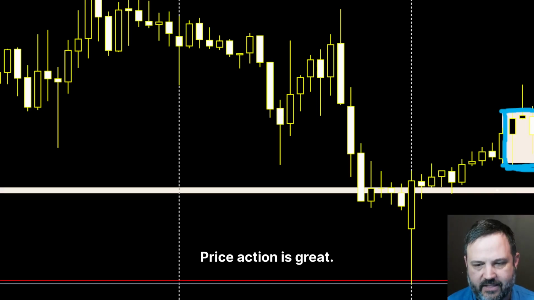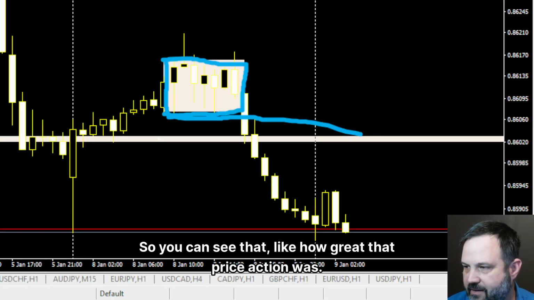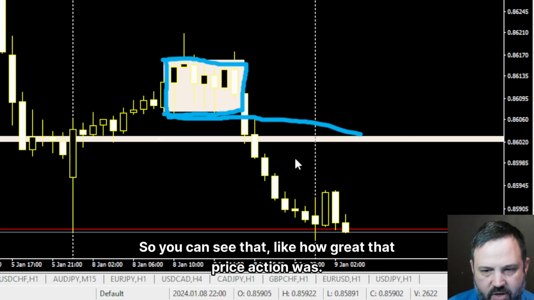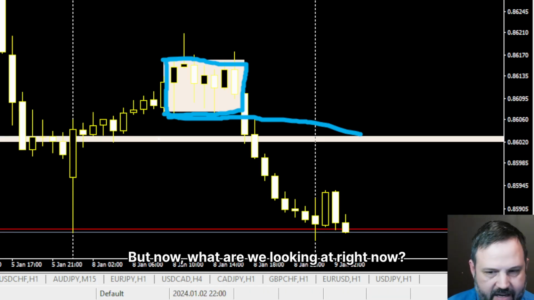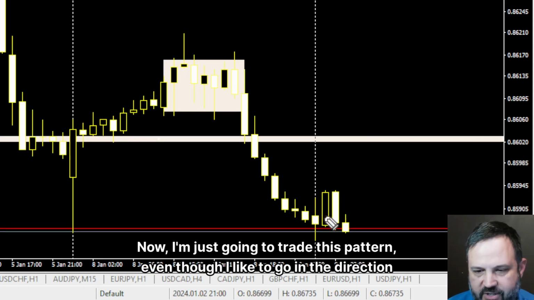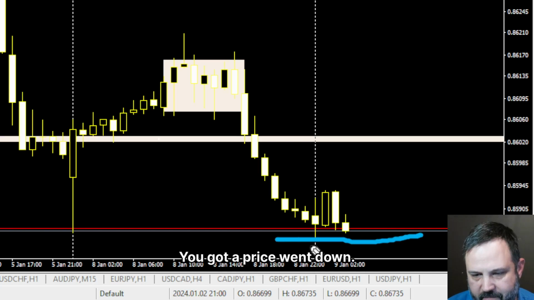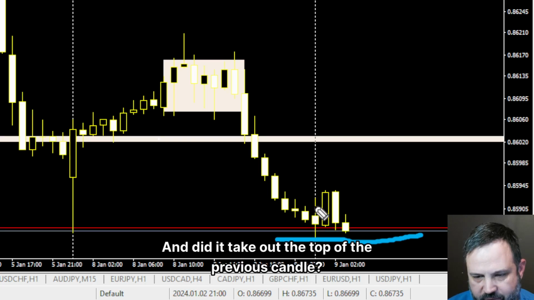Price action is great. So you can see how great that price action was. But now what are we looking at right now? Now I'm just going to trade this pattern, even though I like to go in the direction of the trend. But let's say that we're trading this. Price went down, and did it take out the top of the previous candle?